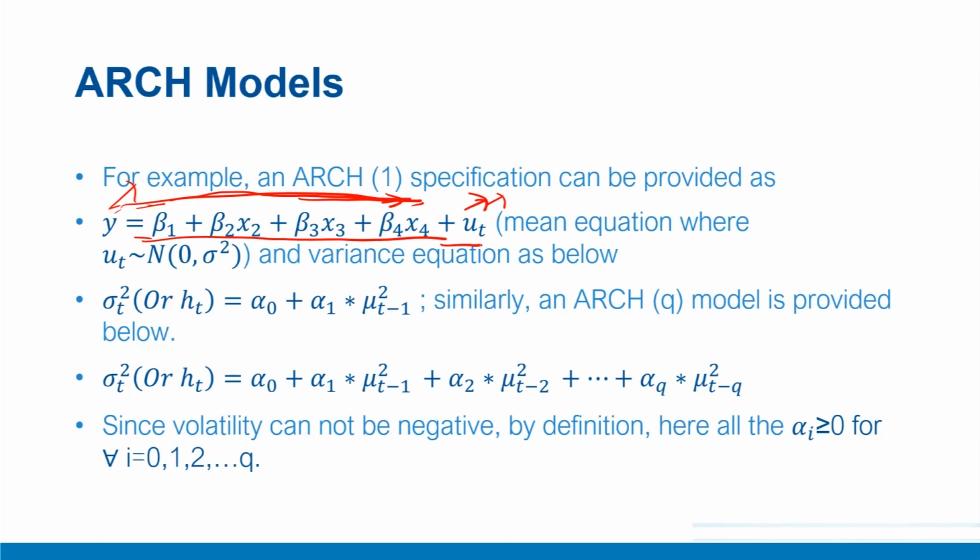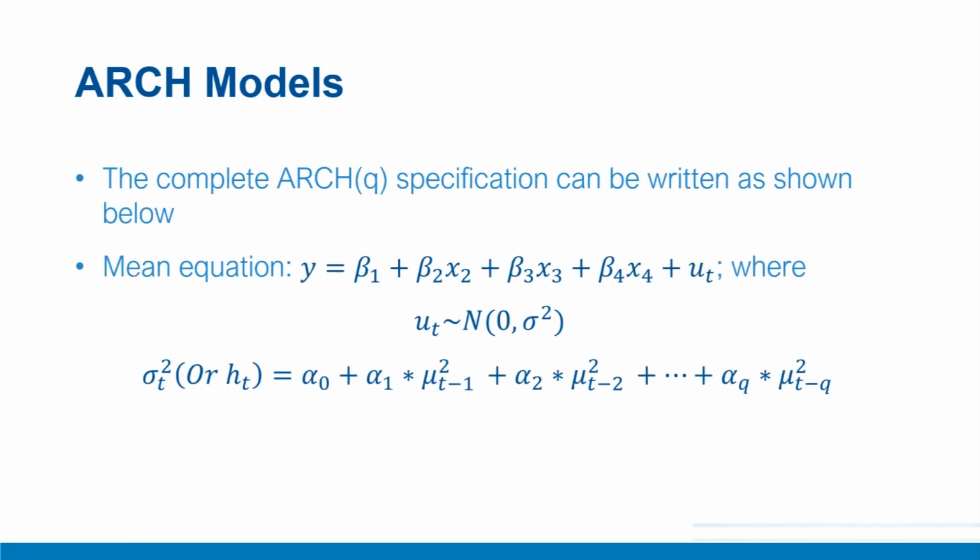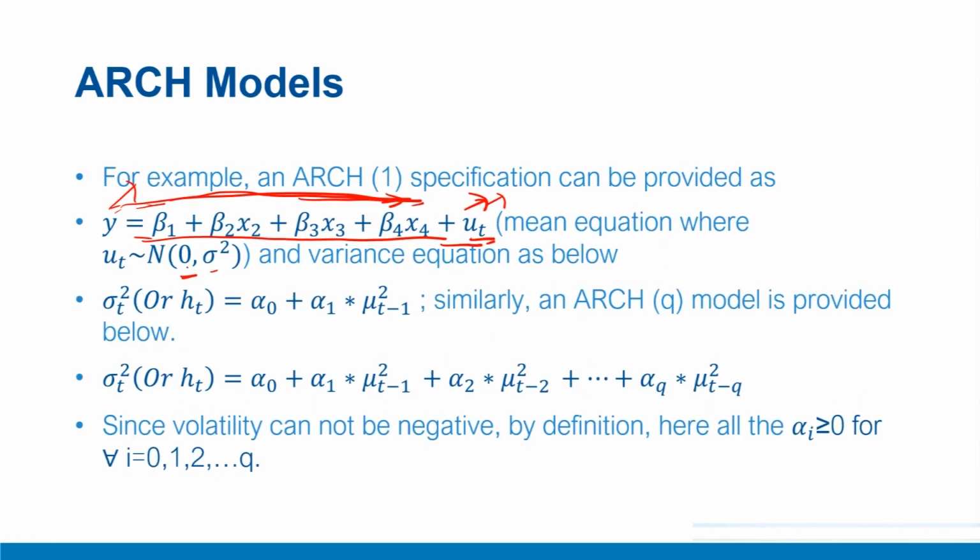This is what we call the mean equation, where this information shock is modeled as mean 0 with constant variance sigma square. So this error term mu t is modeled as a normal distribution with a mean of 0 and standard deviation of sigma. This is the distribution of the error.